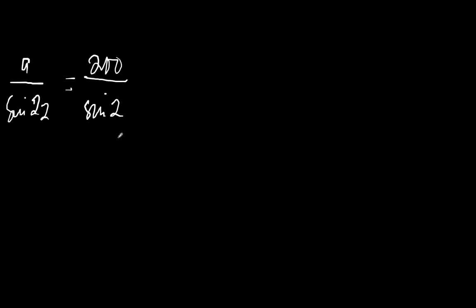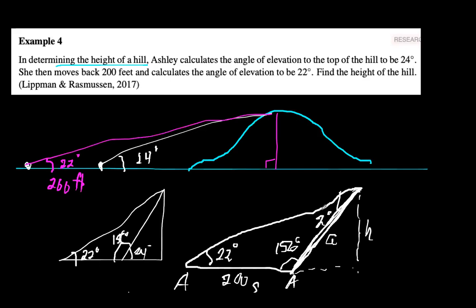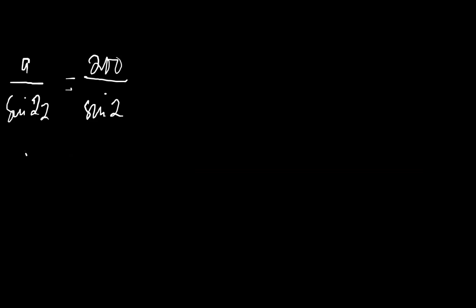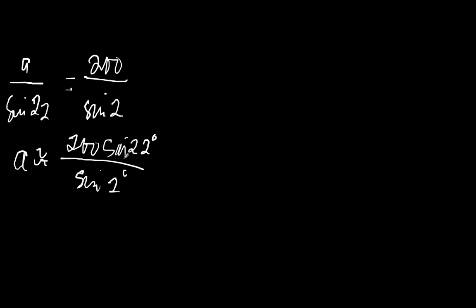So pareho lang naman yon because reverse is just a true property in mathematics. Di ba? Okay, we reciprocate. Okay, so can you please help me? What's the value of A? That's 200 sine 22 over sine 2. Okay, nakalimutan kong maglagay ng degree sign. Baka kasi magkamali pa ng sulat. Alright, so what is A equal to? Oh, equal sign dapat pala to.